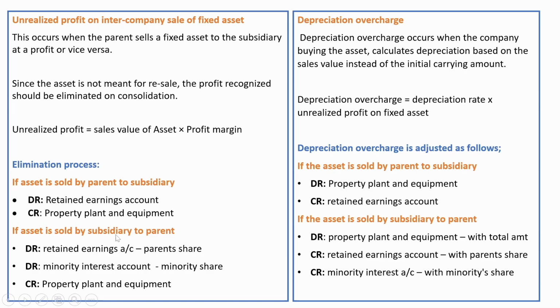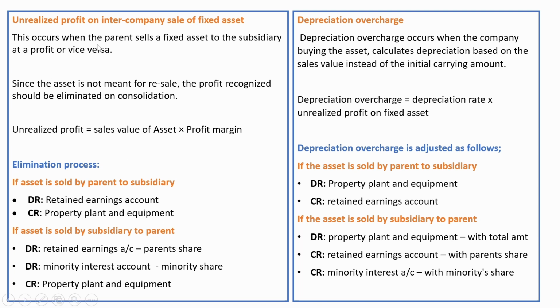If asset is sold by a subsidiary to parent, debit retained earnings, parent's share. If the subsidiary is selling to parent, it means the minority will have a share of that unrealized profit. So debit minorities interest account with minorities share. Credit property, plant, and equipment with the whole amount.